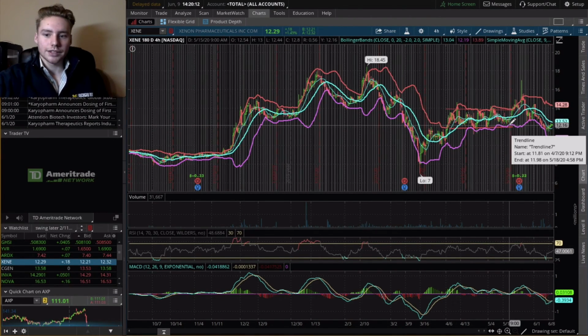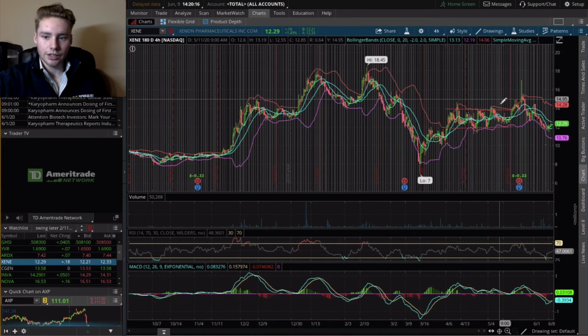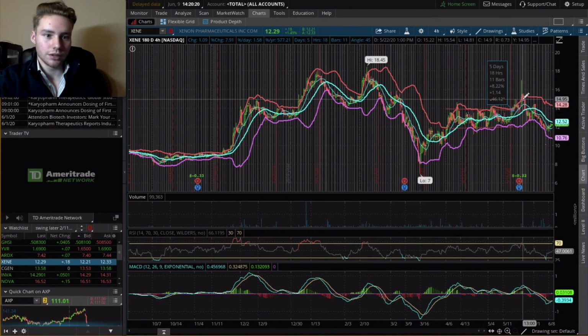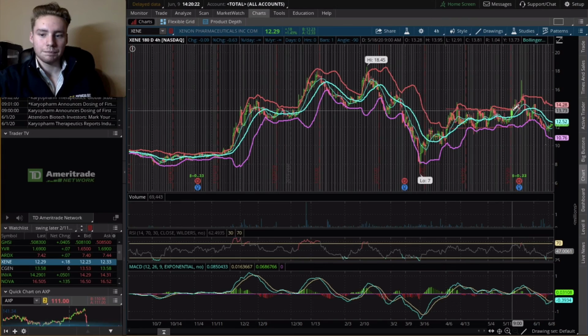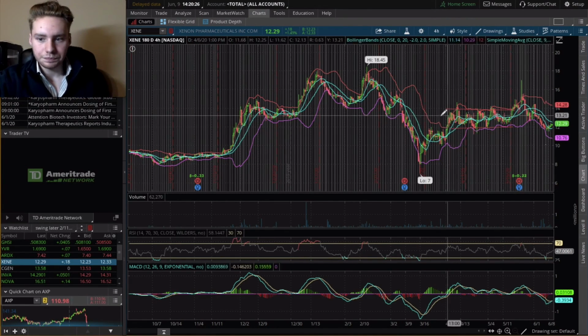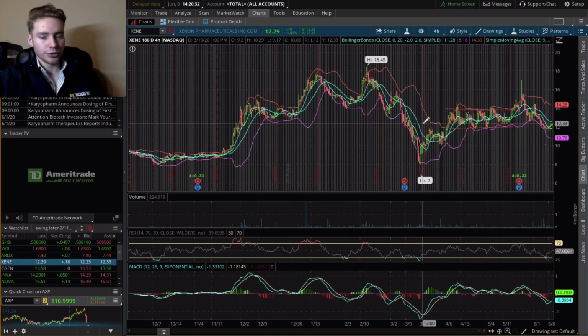Well, it certainly can. As we can see here, it crossed that Bollinger Band and just started breaking out to the upside. And it can just as easily happen on the downside. So while Bollinger Bands can be useful, they can sometimes almost be a trap for new traders because they don't really account for breakouts.